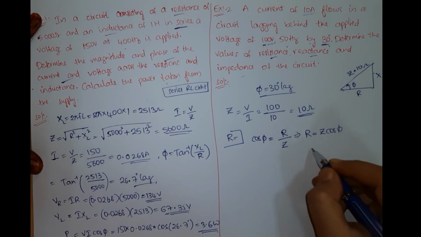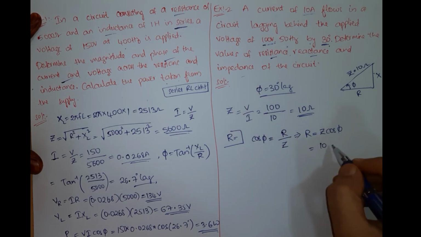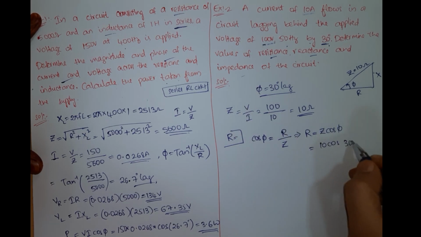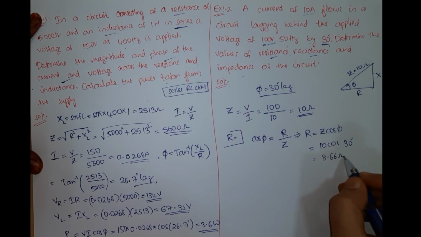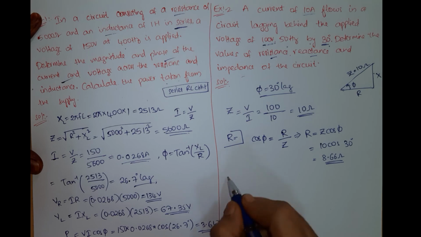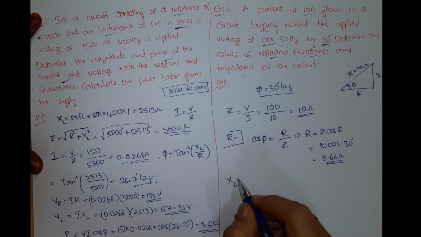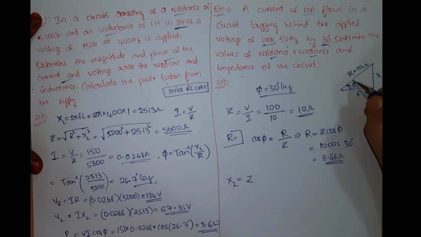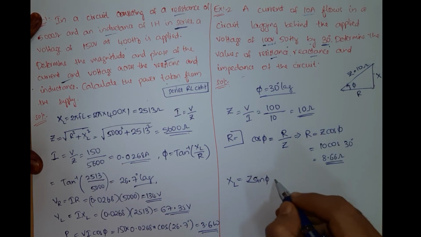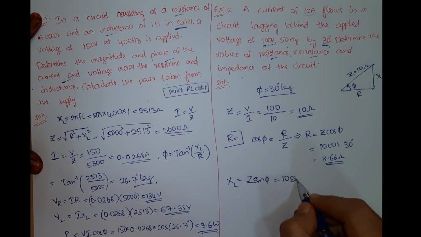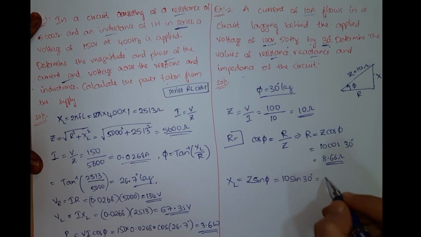Where Z I know 10, phi is 30 degrees, so you get the answer as 8.66 ohms. In the same way, XL is Z times the opposite side of phi, that is Z sin phi. So 10 sin 30 degrees will be 5 ohms.